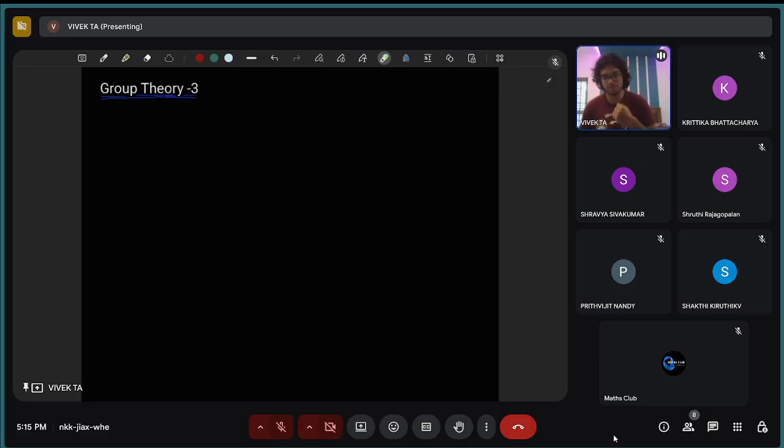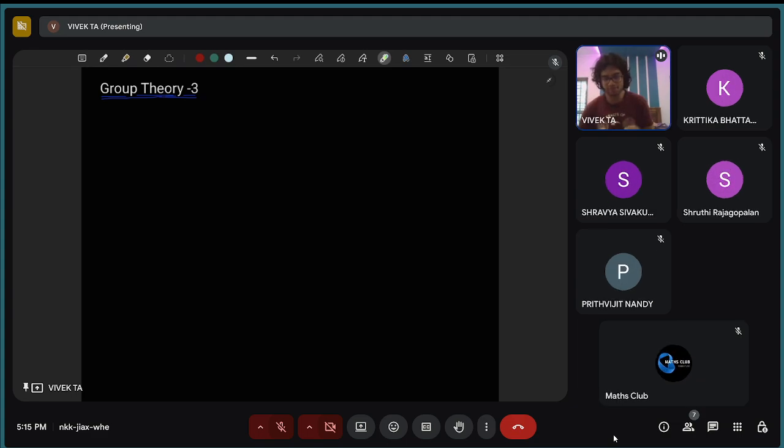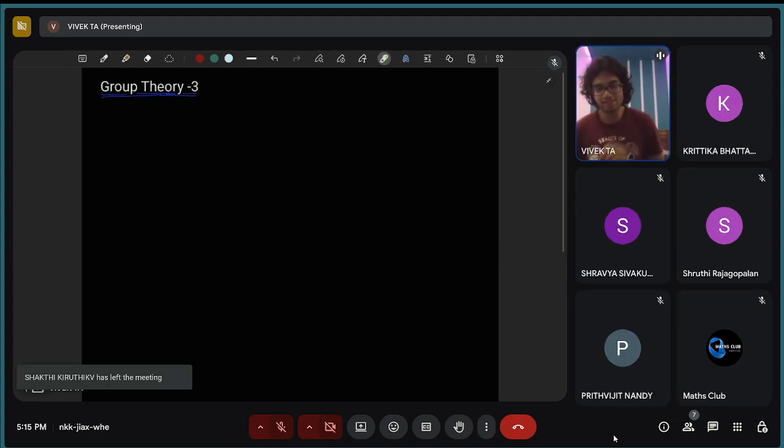It might not identify me as, let's say, Vivek TA, but it will identify me to the extent that if any other person is given to them, they can at least tell if I am an identical twin of them or not. And that is what it means. So that is what uniqueness in group theory means.